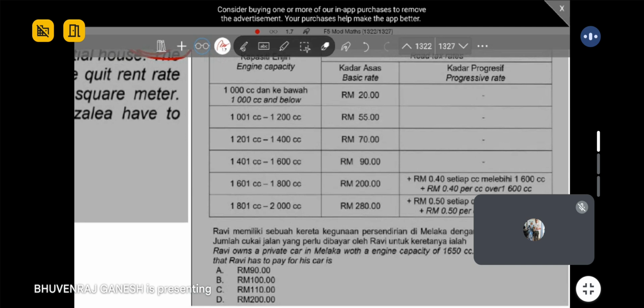Whatever answer you have, you just share. Don't worry. You say what you get. Don't just simply say. You say what you have on your paper. You get 200 on your paper.